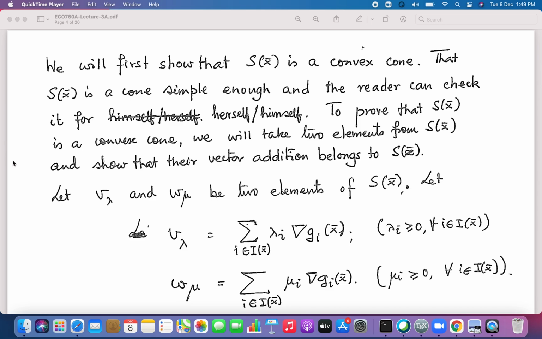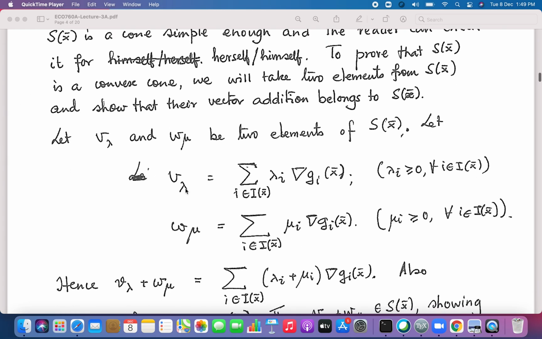The fact that Sx bar is a cone is so simple that I wouldn't even dare to prove it here. To prove that Sx bar is a convex cone, just take two elements, say V lambda and W mu in Sx bar, then add them and show that the sum again lies in Sx bar, because V lambda here denotes the generating multipliers.